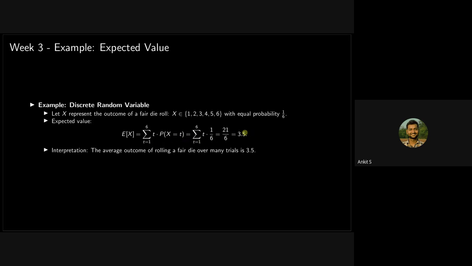You know how to calculate this, right? One more thing: this expected value does not need to be in the sample space. Is this 3.5? Can you imagine 3.5 coming when you roll a die? No, right? It will always take some integer value. So this is outside of the sample space, and this can happen and it is perfectly fine.